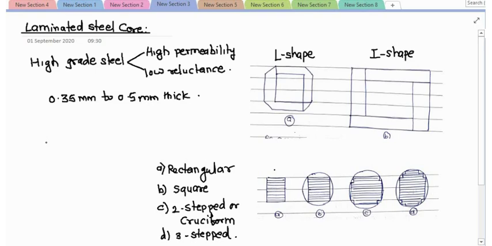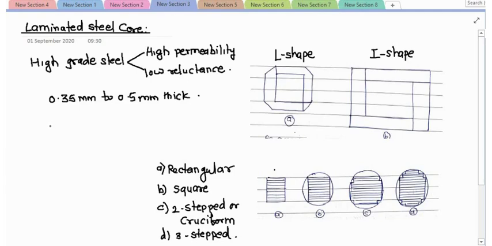Now see students, why we are using the laminated structure? When I am using the solid core, then the area of the cross section will be more, as the flux produced by the current flowing through the primary winding also links with the core, which is a closed structure. It will induce the EMF in the magnetic core also, and that EMF is called as eddy EMF.